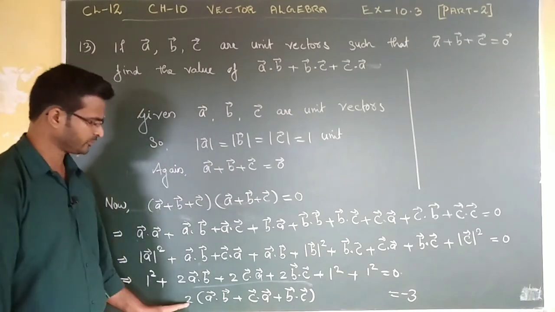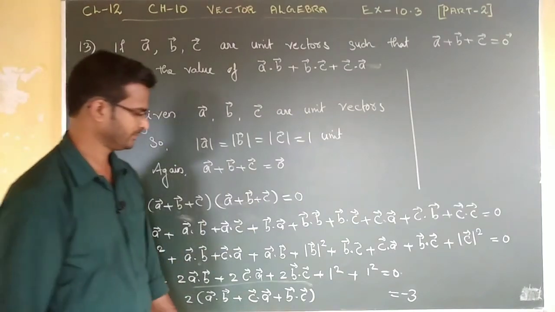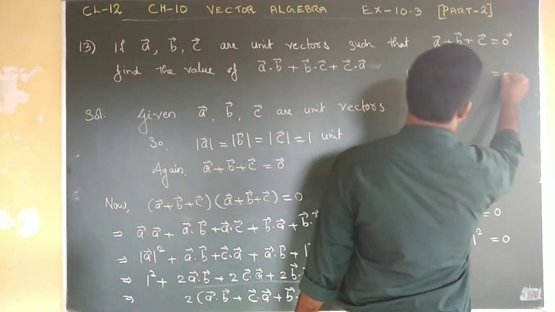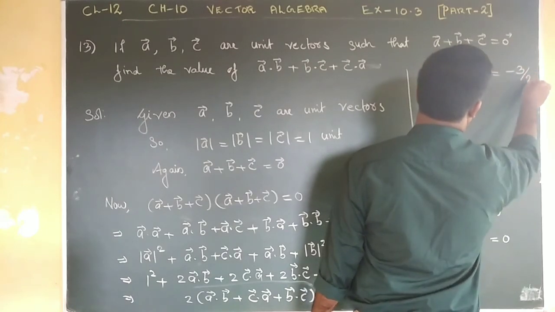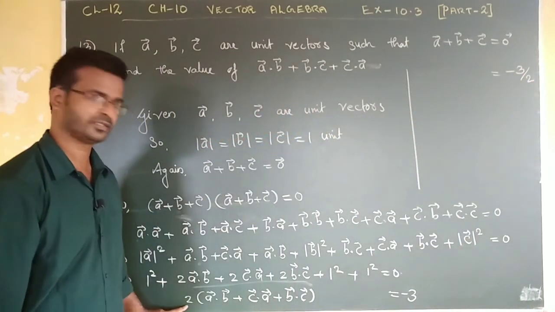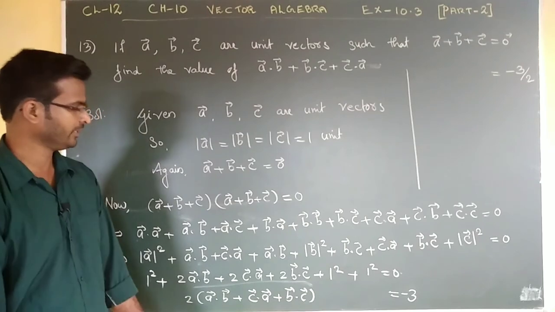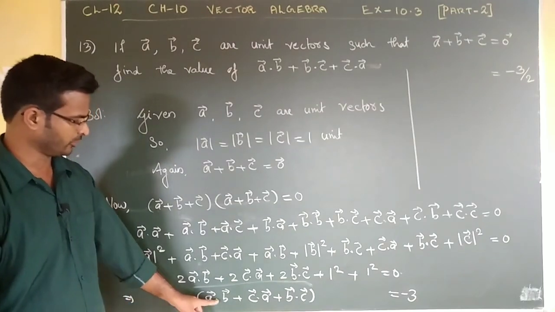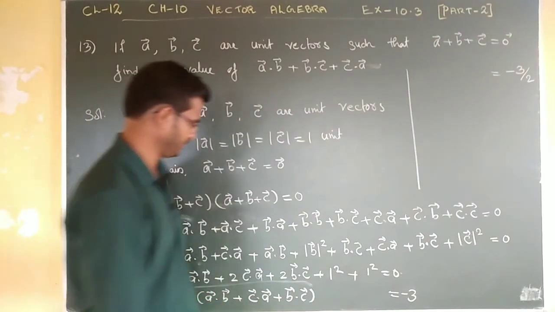The next step is this 2 also bring to right side, what you will get? That will be minus 3 already is there, divided by 2. Then what is remaining? A dot B, C dot A, B dot C.